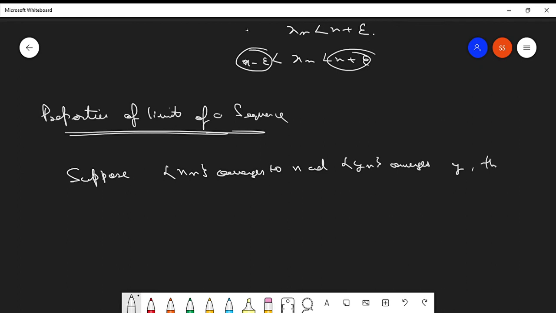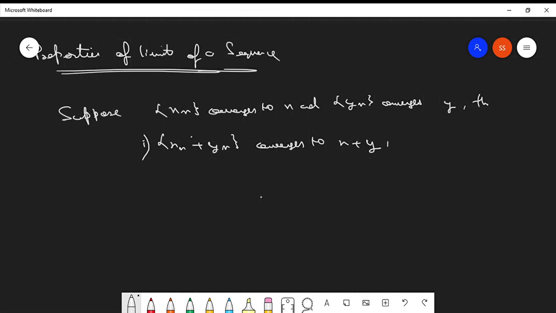Then xn plus yn converges to x plus y. That is, limit as n tends to infinity of xn plus yn is equal to limit of xn plus limit of yn, which is x plus y.